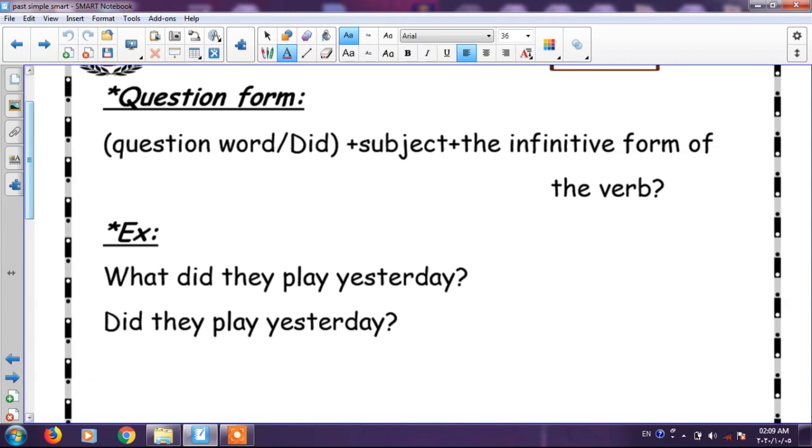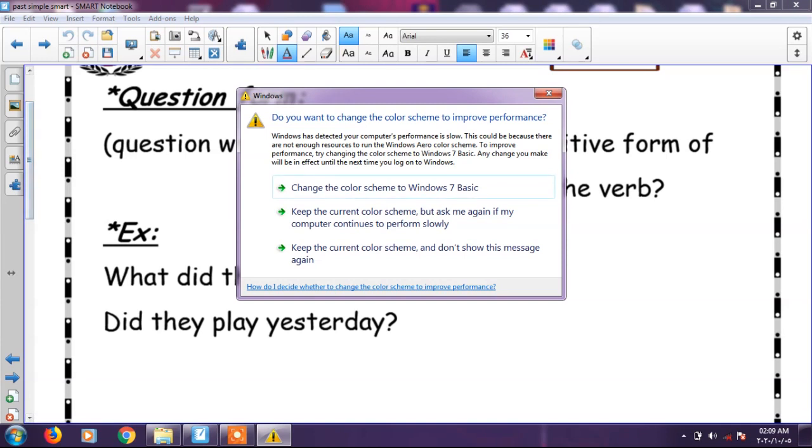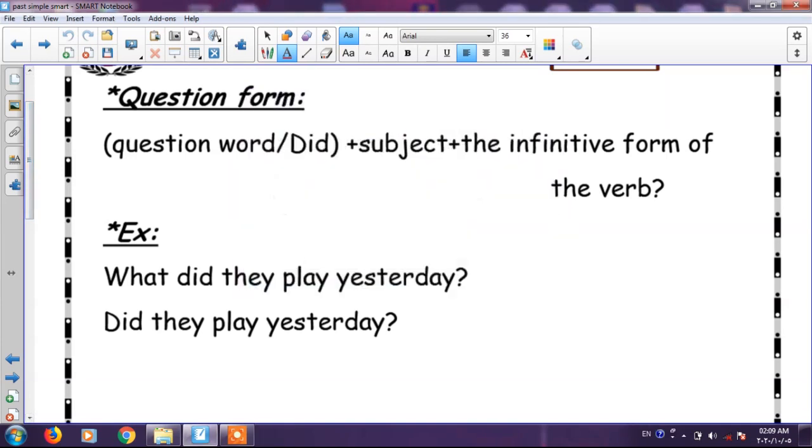And after the question word, I put did. And I complete my sentence as it is. Okay. In the yes or no questions, I use just did and I complete my sentence. And also don't forget to put the verb in the infinitive form.